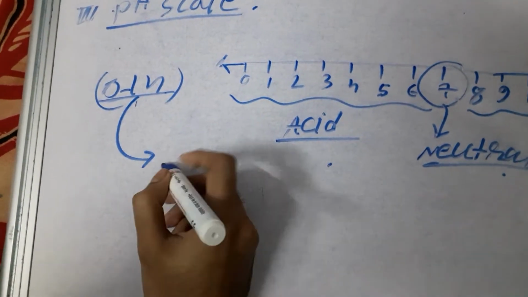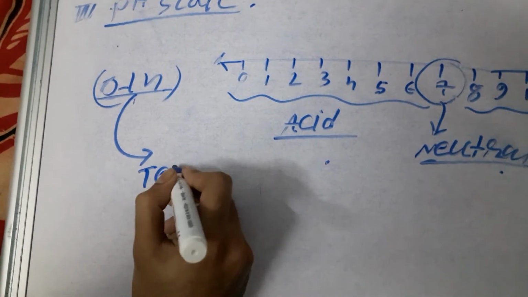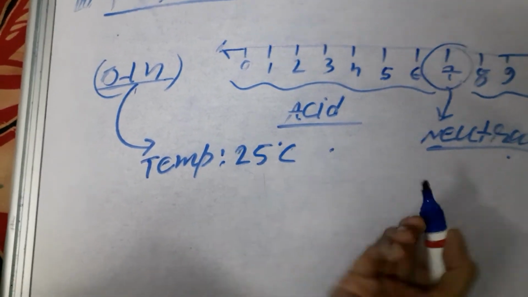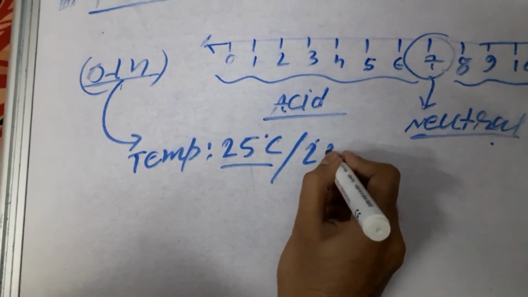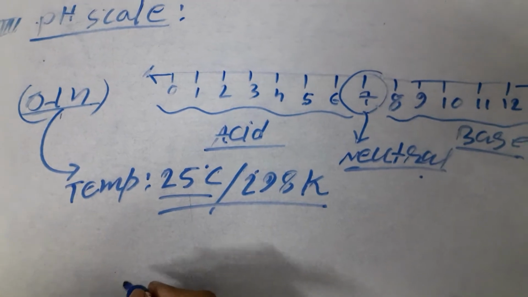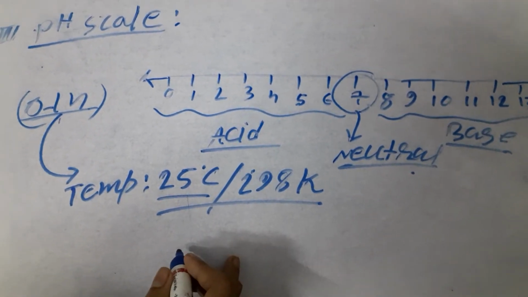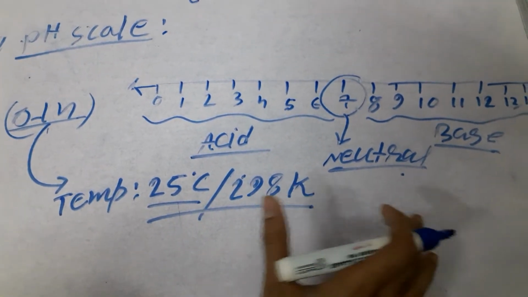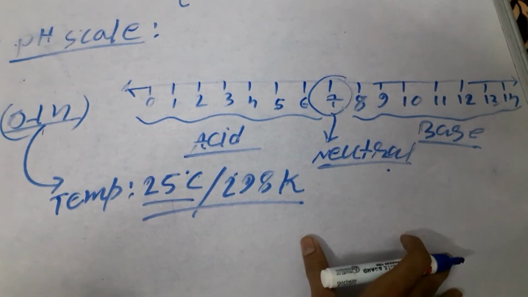Basically, this range is applicable only at a particular temperature, which is 25 degrees Celsius, that is 298 Kelvin. At this temperature, the pH scale is in between 0 to 14.